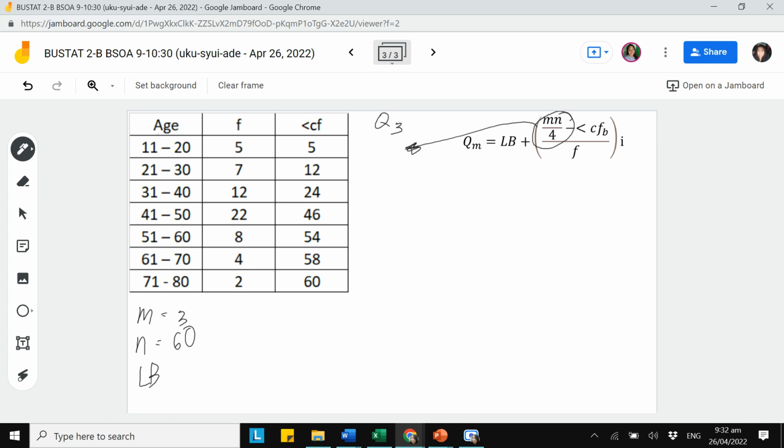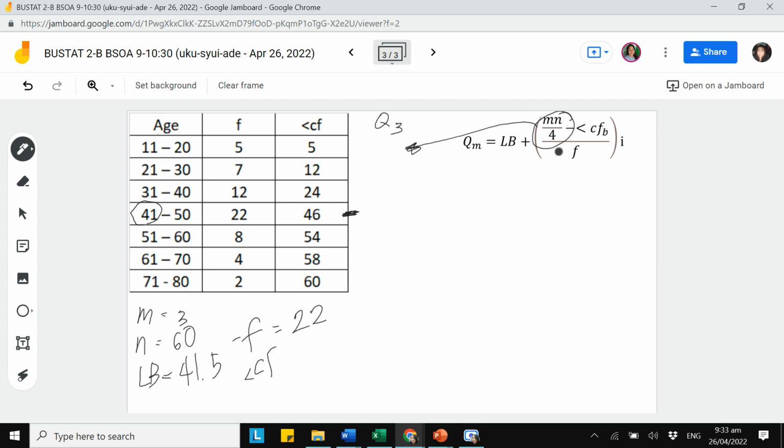Okay? So the 45th position is still in this particular group, based on our cumulative frequency. So the lower boundary we will use is 41.5. So write 41.5. And then, based on that, the frequency is still 22.